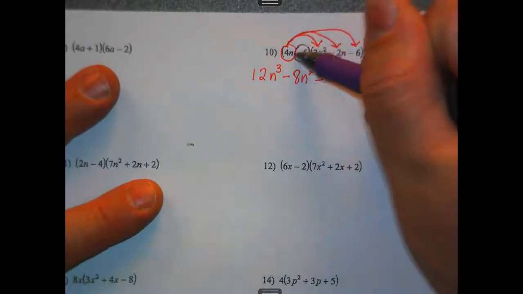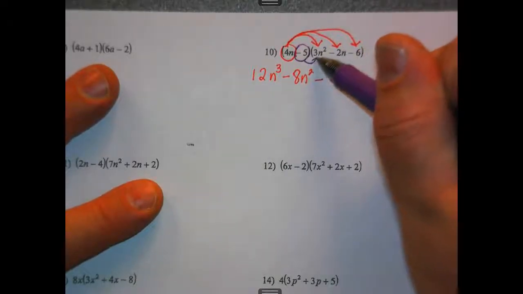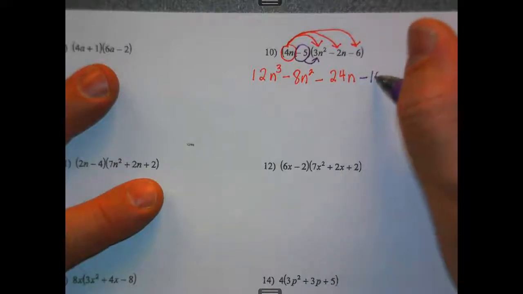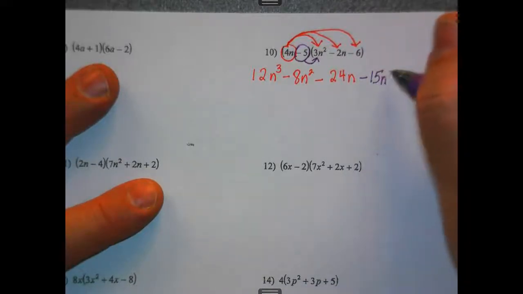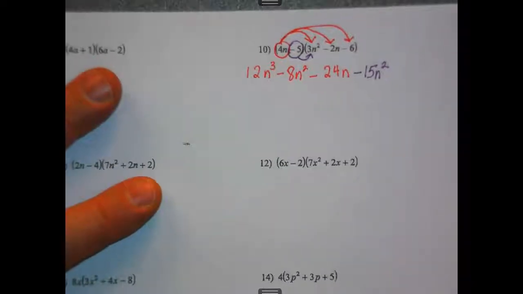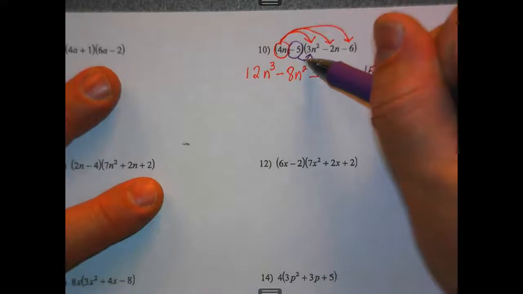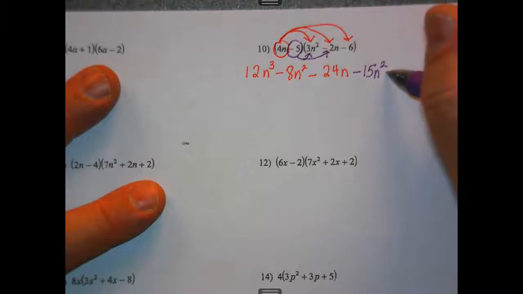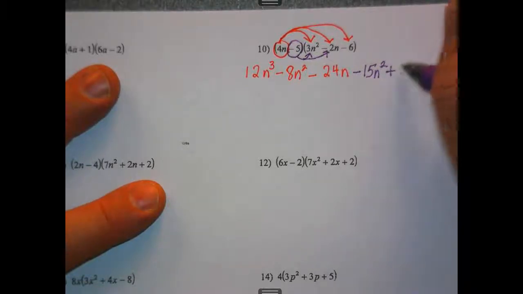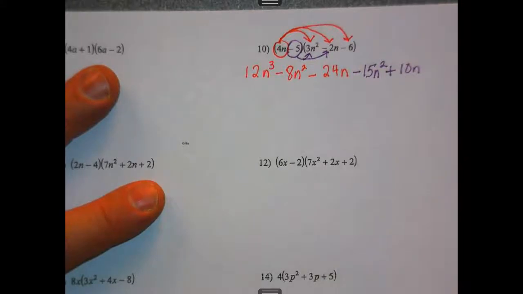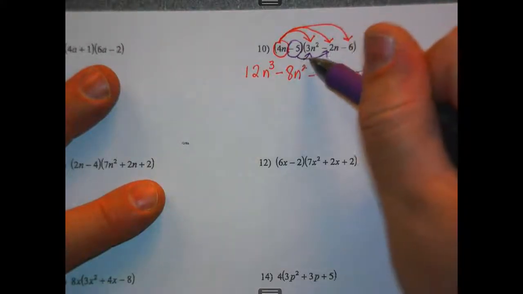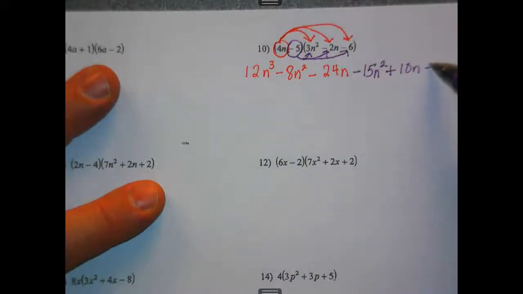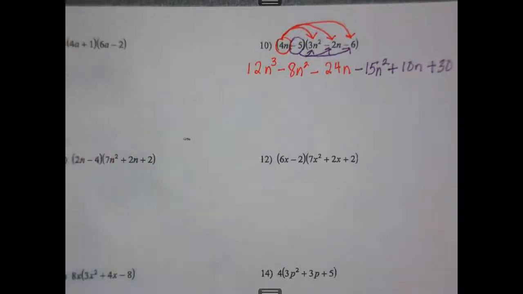Negative 5 times 3n squared, negative 15n squared. Negative 5 times negative 2n, positive 10n. Negative 5 times negative 6, positive 30. Did I lose anybody?